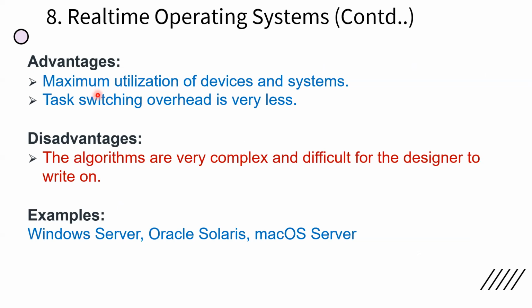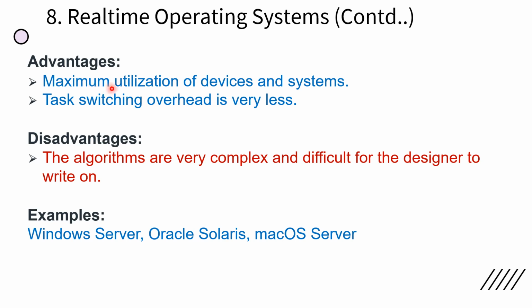And coming to the advantages of real-time operating systems, since they are dedicated, real-time operating systems are designed generally for performing a dedicated task. For example, heart rate monitoring or aviation. So in such cases, the applications are limited. That means the number of processes that have to be run by the CPU are limited.